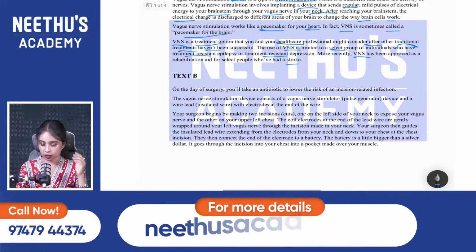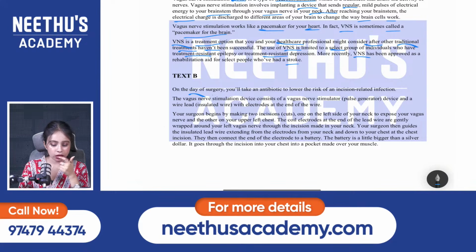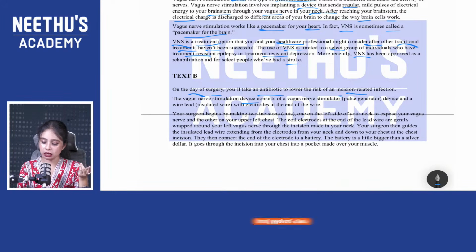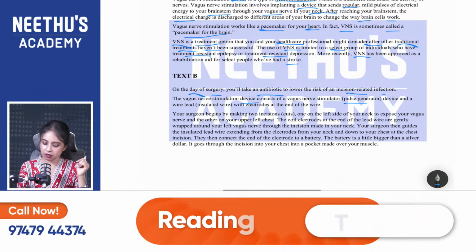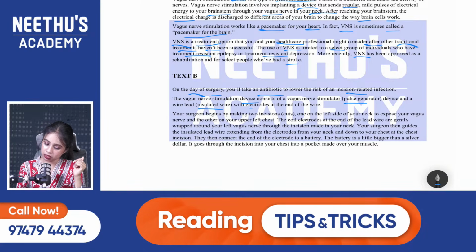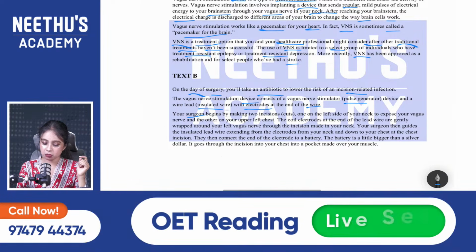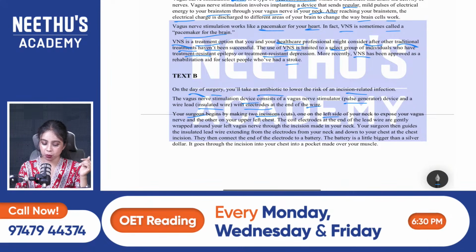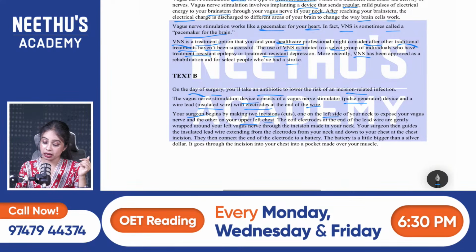Anyway, text B. On the day of surgery, you will take an antibiotic to lower the risk of an incision-related infection. The vagus nerve stimulation device consists of a vagus nerve stimulator or pulse generator device and a wire lead, or insulated wire, with electrodes at the end of the wire. Your surgeon begins by making 2 incisions or cuts, one on the left side of your neck to expose your vagus nerve and the other on your upper left chest.